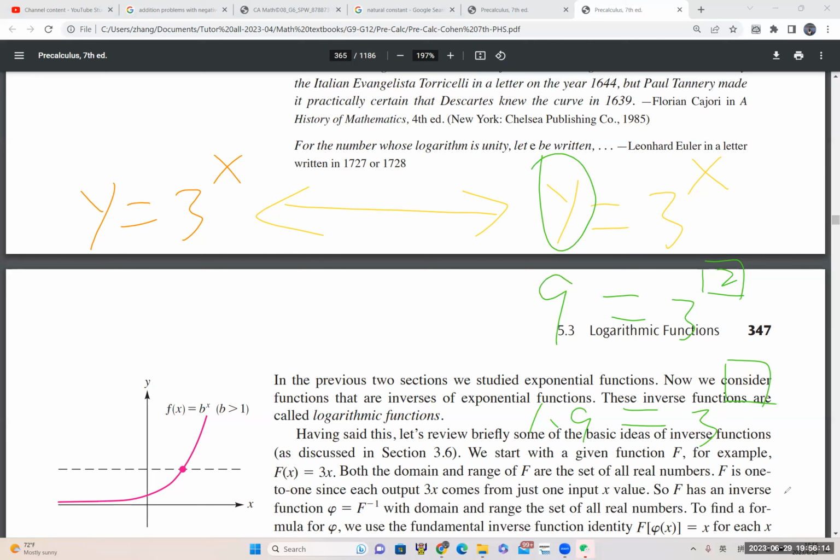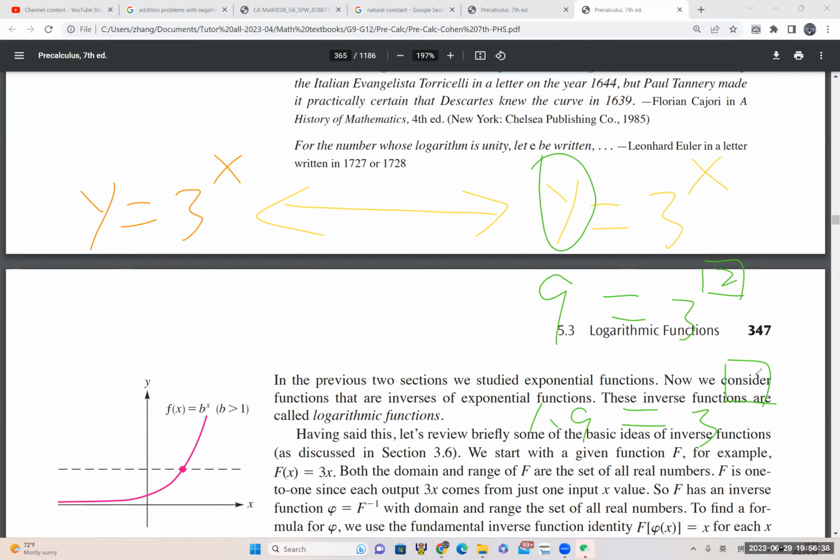Because this is an increasing function, if x is 1, it's already 3. If x is 0, it's 1. So 1.9 is between 1 and 3, so x is between 0 and 1. That's basically what we can find.